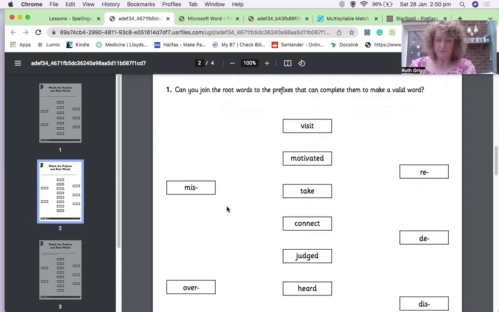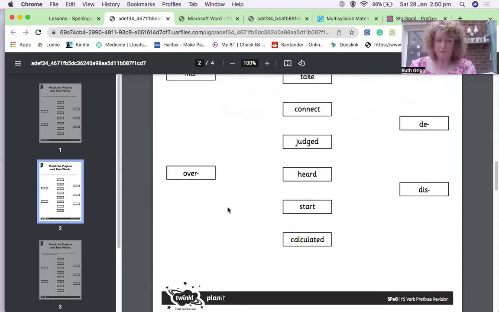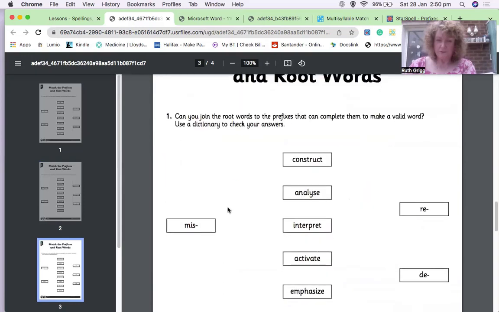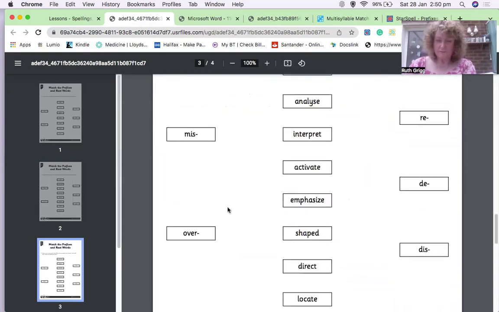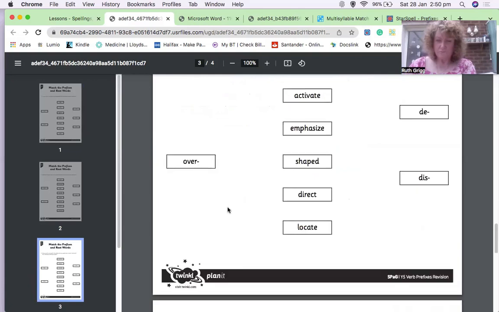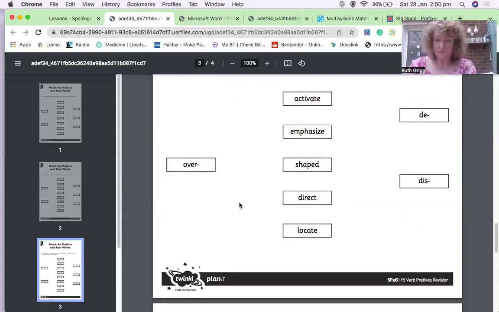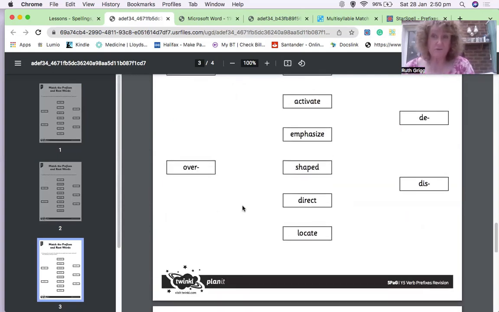I think you've got some more here, and another one here. So basically, you're matching the prefixes to the word. Oh, there's some answers. Please don't look at those just yet. Have a go at doing it first before you check the answers. Okay, let's see the next activity, shall we?